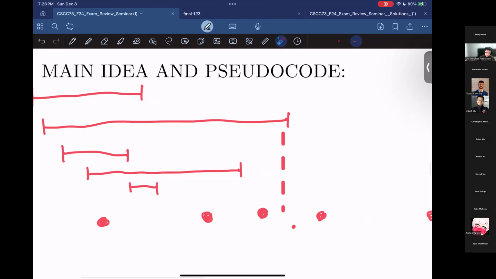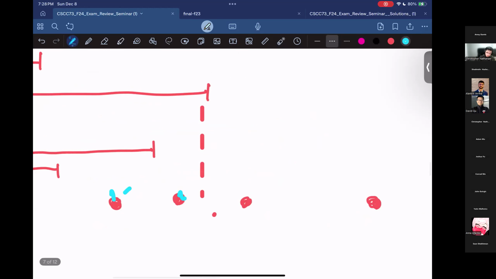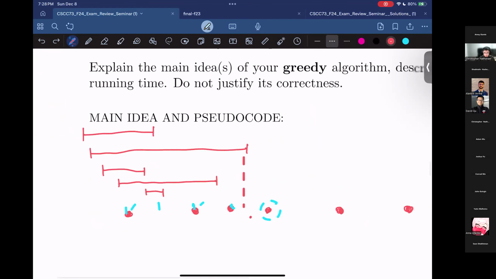Then for the next iteration, this one is already covered. Then you move on, starting from the next question you have in the question bank. Is that clear?